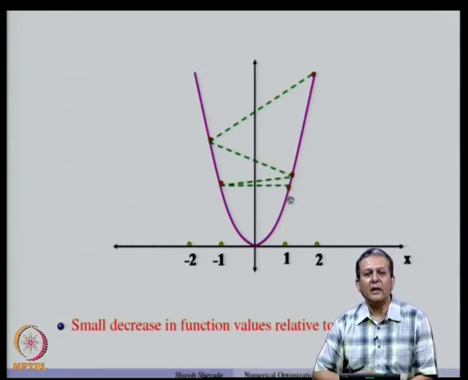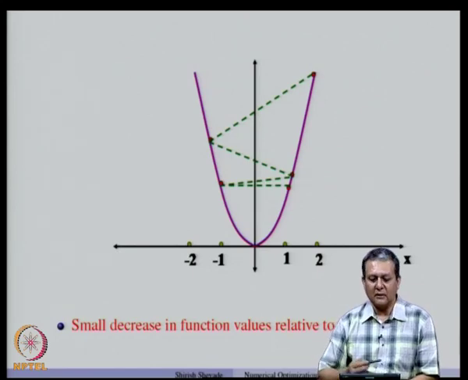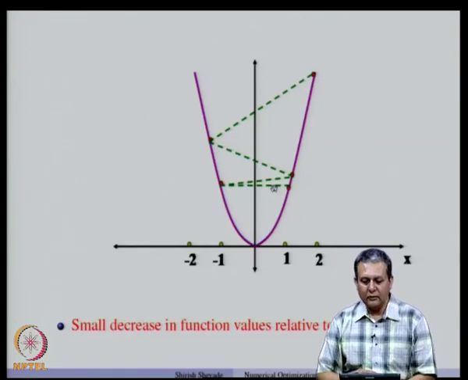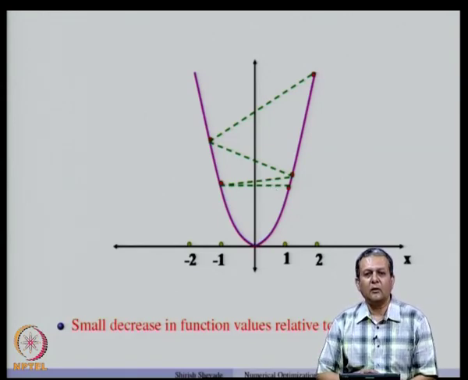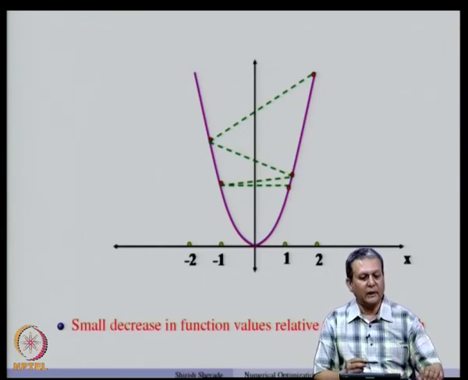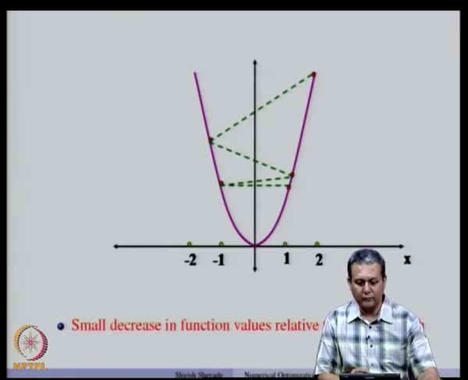So, there is a very small decrease in the function value compared to the step length, and the step length was quite large. This is the drawback with this method, and one way to fix this is to make sure that there is a sufficient decrease in the objective function value compared to the initial decrease in the function value at alpha equal to 0.